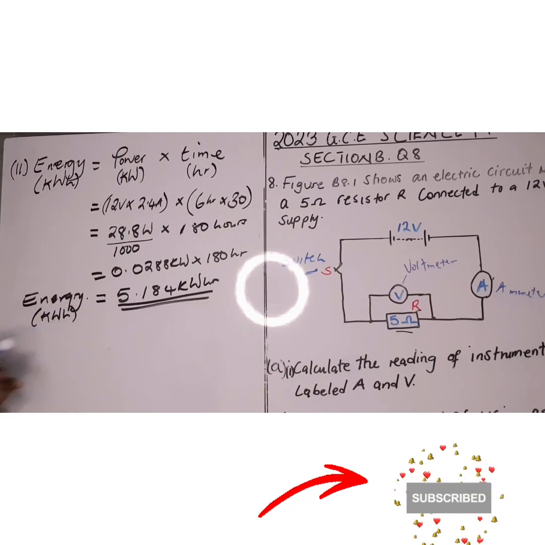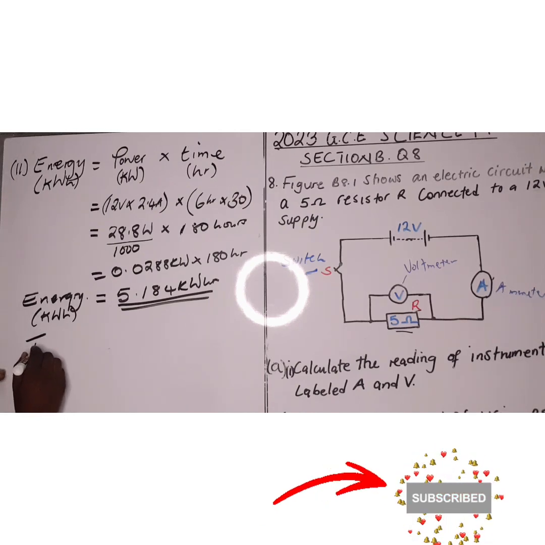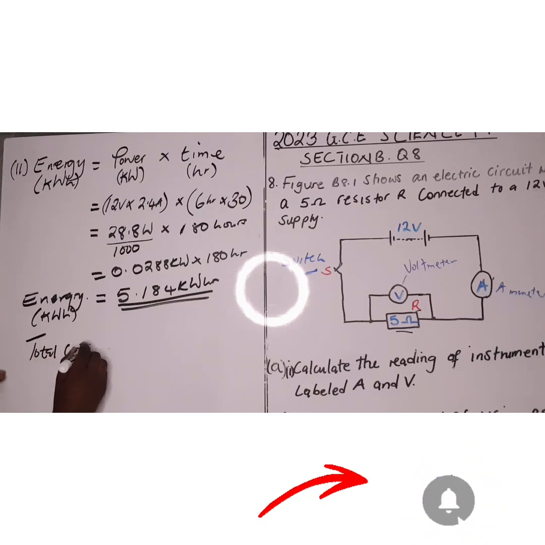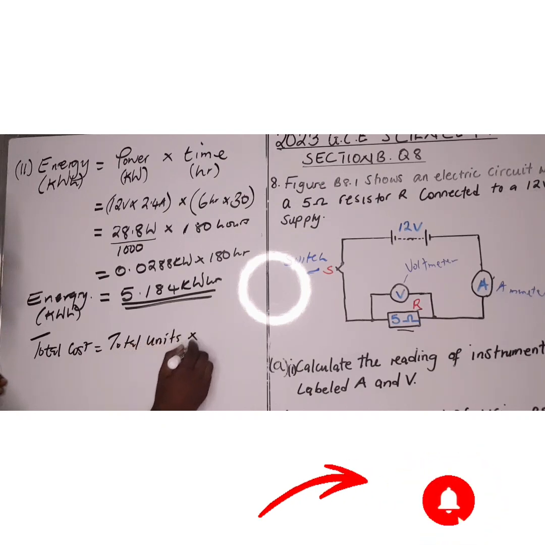Now, what is the total cost? Because that is what we are calculating. Total cost is equal to total units multiplied by cost per unit.